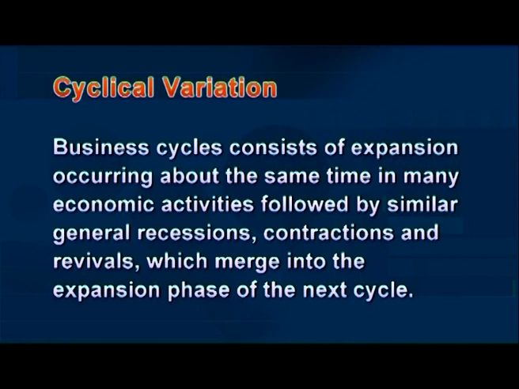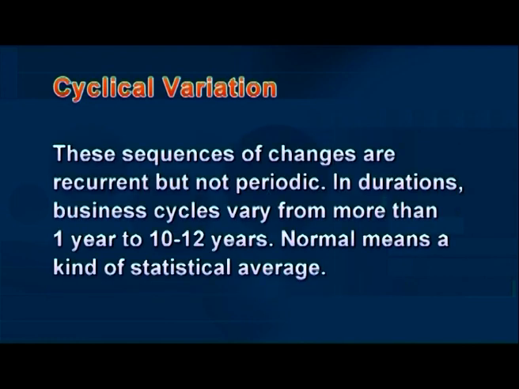Business cycles consist of expansion occurring about the same time in many economic activities, followed by similar general recessions, contractions, and revivals, which merge into the expansion phase of the next cycle. These sequences of changes are recurrent but not periodic.